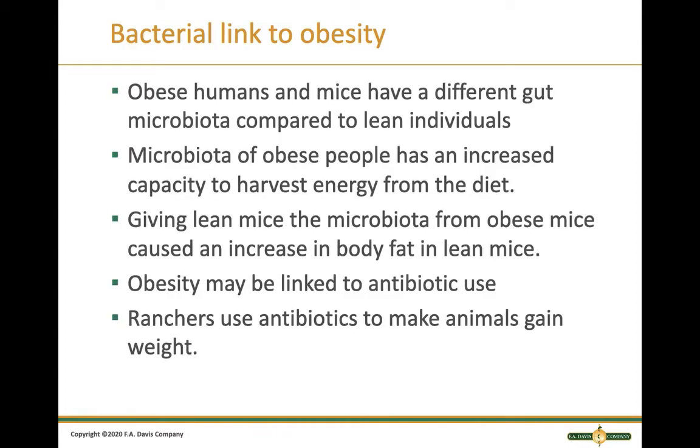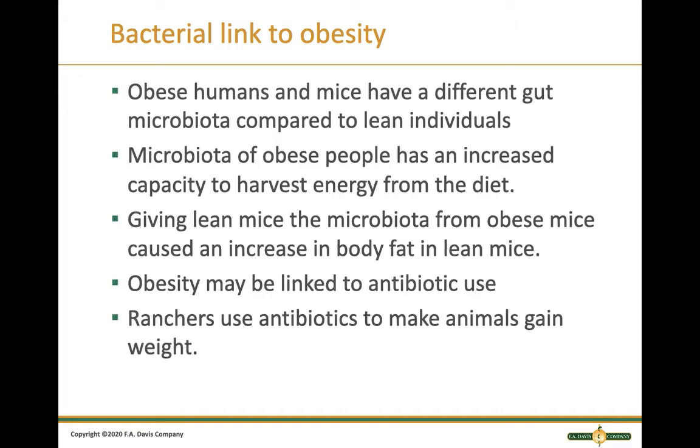Okay, next is the bacterial link to obesity. This has been shown pretty convincingly in mice that obese humans and mice have a different gut microbiota compared to lean individuals. The microbiota of obese people has an increased capacity to harvest energy from the diet, so that means if the lean person and the obese person eat the same thing, the obese person is going to get more calories from it because they're better able to get the nutrients out of it.